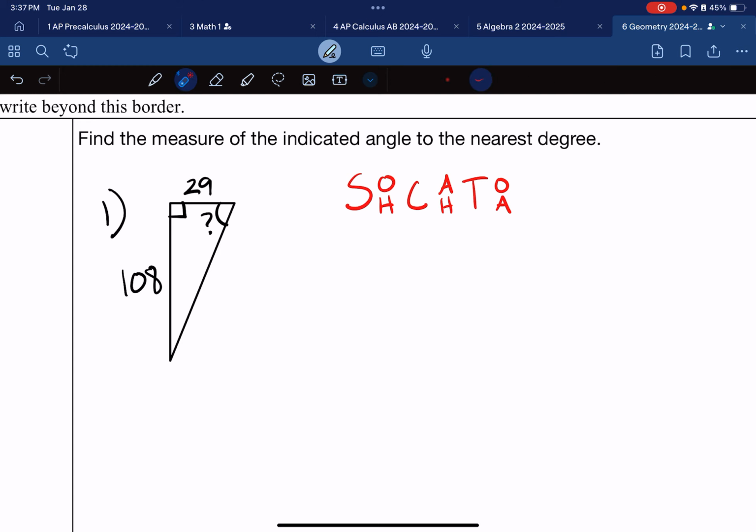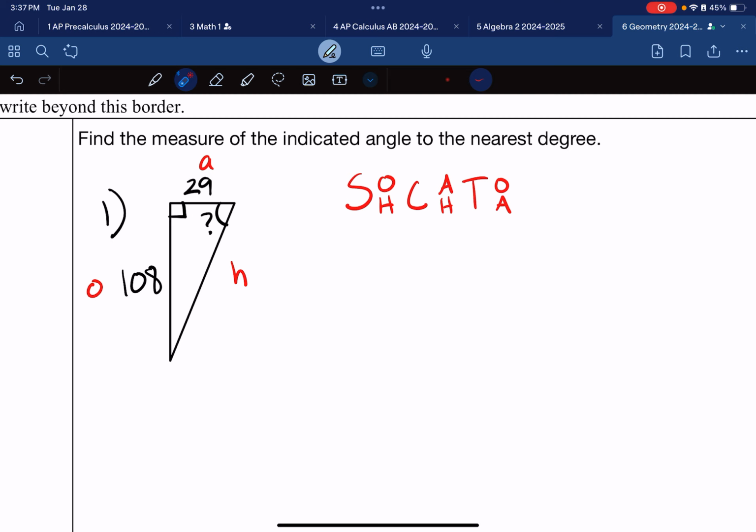And I'm going to label my O, H, and A around my triangle. On the opposite side of my angle of reference, I have my opposite side. On the opposite of my 90-degree angle, I have my hypotenuse. And the remaining side is the adjacent, aka the leg that is close to this angle that is not the hypotenuse, the neighboring side length, I apologize.